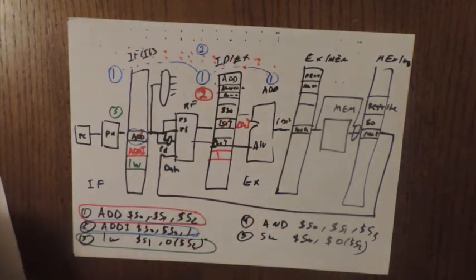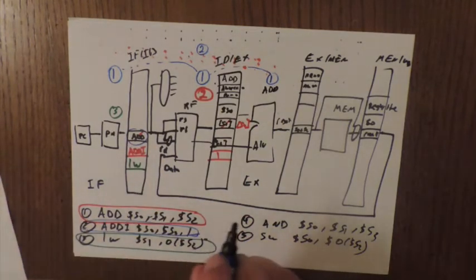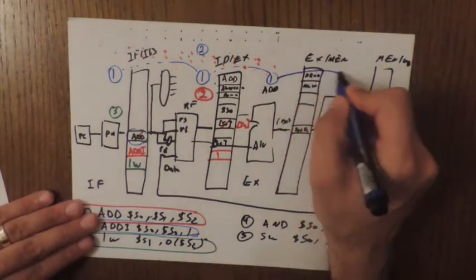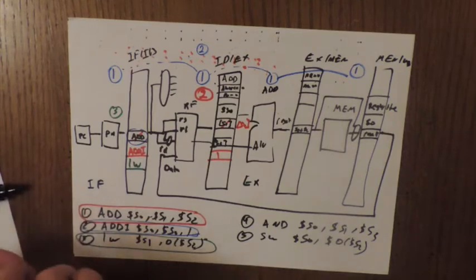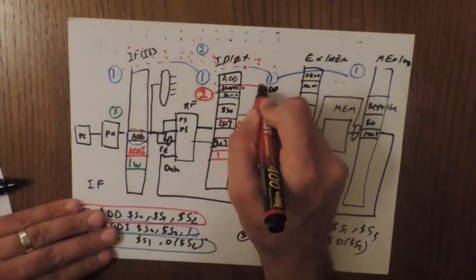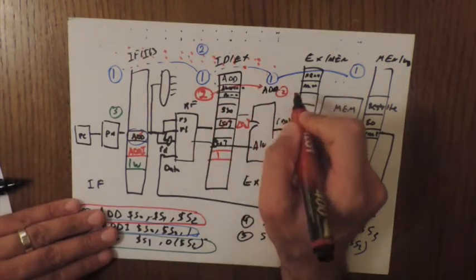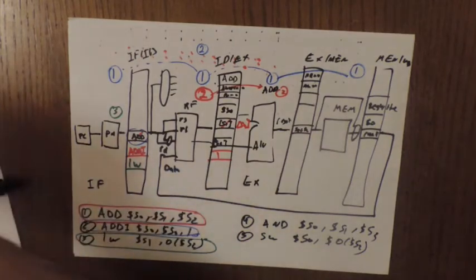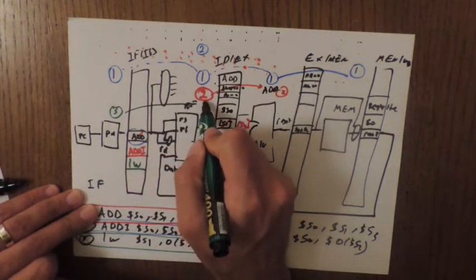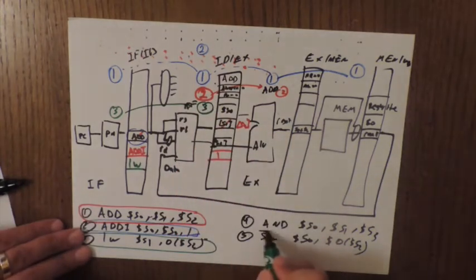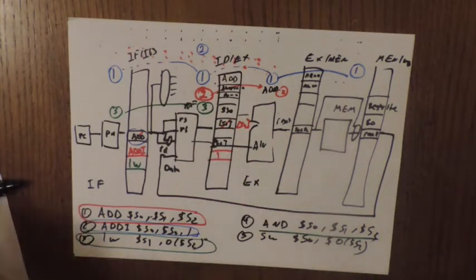At the fourth cycle, 1 will be here, 2 will be here, 3, the load word, will go into decode, and now 4 will join the group.